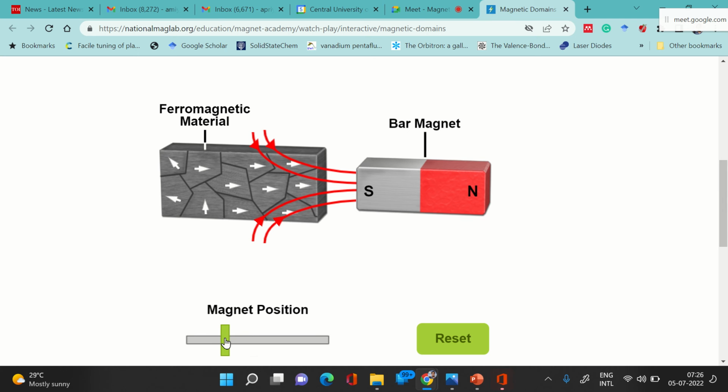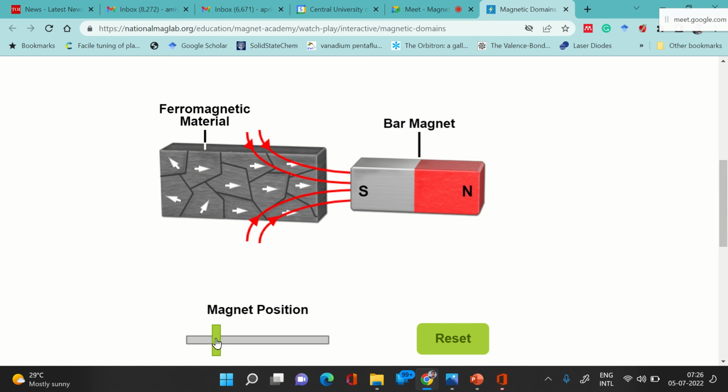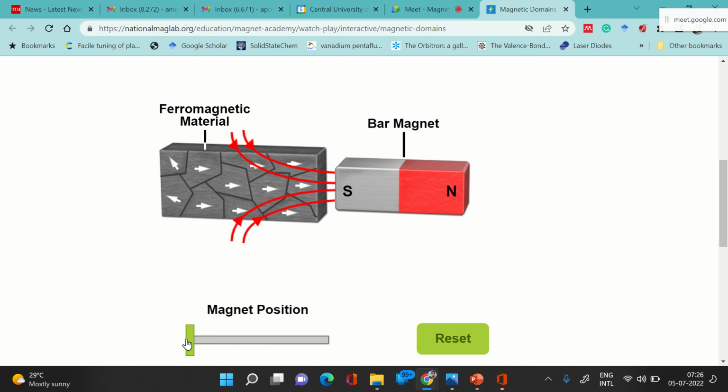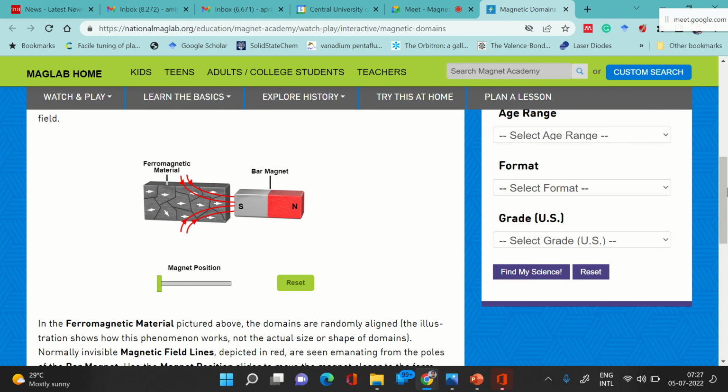The actual field that the material feels increases as we bring it closer, and the maximum is achieved when it is closest. This is the maximum alignment, corresponding to the maximum magnetization. You can play around with this in your free time and learn more.